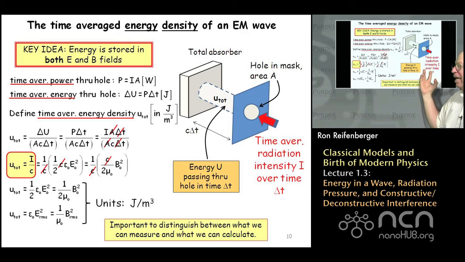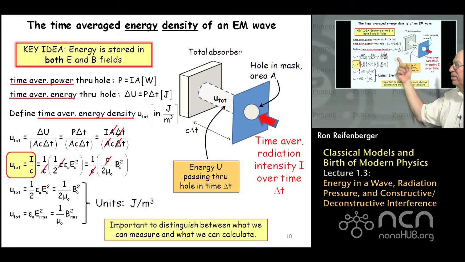In that time delta t, the electromagnetic radiation travels the distance c times delta t, right? And so there's a volume of space with a length c delta t and cross-sectional area A, and that volume of space contains all the energy that passed through this hole in that time interval delta t.